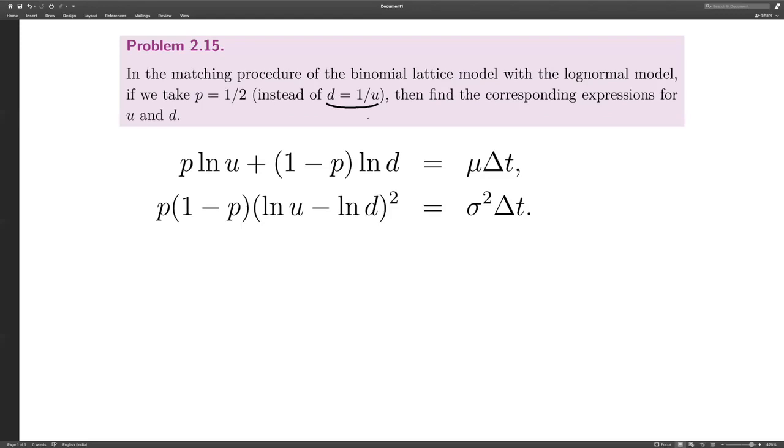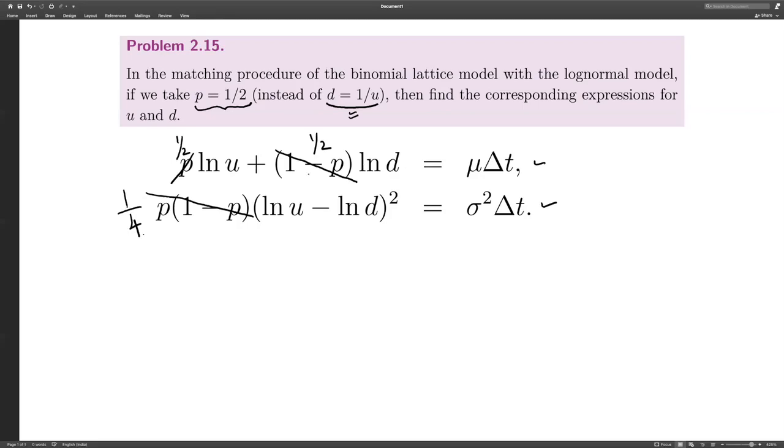Now, instead of giving d like this, we are giving p to be the symmetric probability. So thereby what you will do, you will put 1 by 2 here, and this will become therefore 1 by 2. And similarly, this term will become 1 by 4. Now again, you got two equations with two unknowns, u and d.